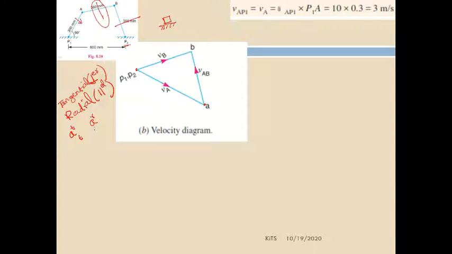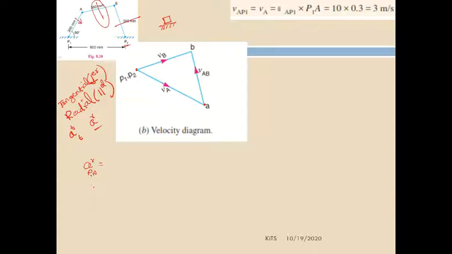We have to find the radial component value for each link. First of all, the first link is P1A, so we find the radial component of P1A.